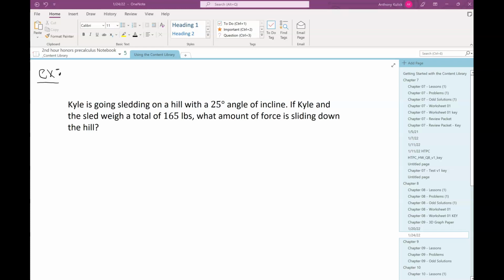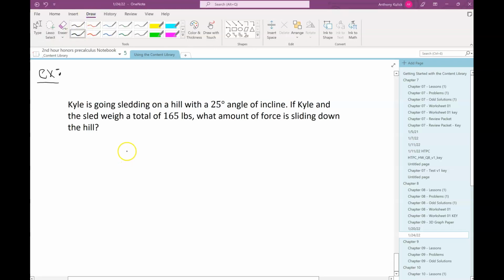So this story problem is another case where we're going to be using projections. It says Kyle is going sledding on a hill with a 25-degree angle of incline. If Kyle and the sled weigh a total of 165 pounds, what amount of force is sliding down the hill?